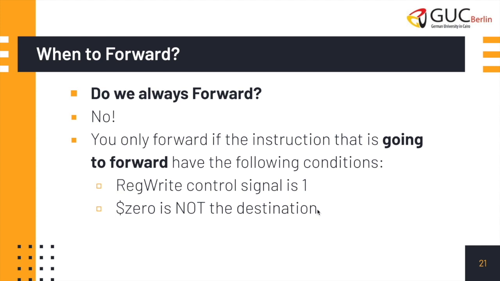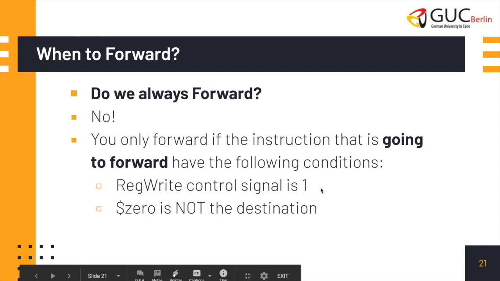I will try to forward the result of 5 plus 4 to the instruction that is going to read the value of register 0. But guess what? I cannot update the value of register 0. Therefore, I am going to forward a wrong value, because the value of register 0 is always 0. So I may even forward wrong values. Therefore, we have these 2 conditions to prevent the forwarding of wrong or useless values.